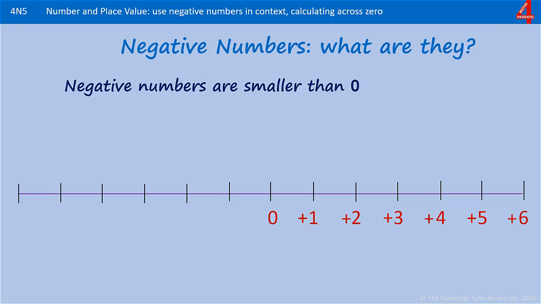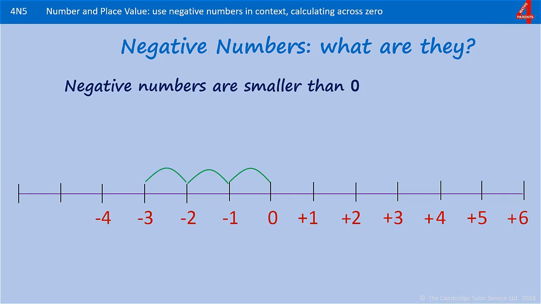Negative numbers, on the other hand, go before the 0, and they're showing you how many places smaller than 0 each number is. So minus 1, or negative 1, is showing you that it's 1 smaller than 0. Negative 2 is showing us that it's 2 smaller than 0.